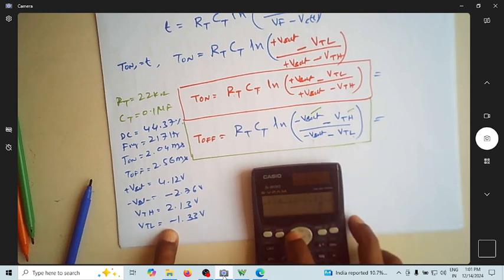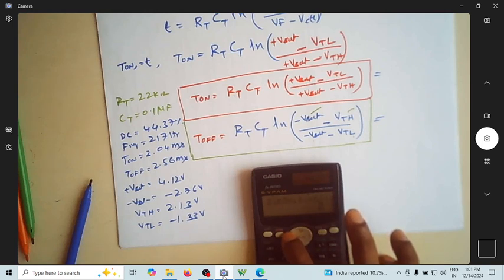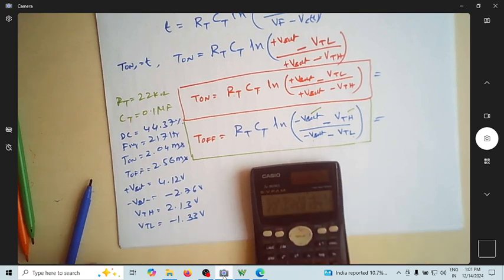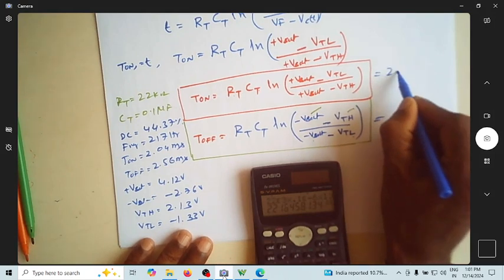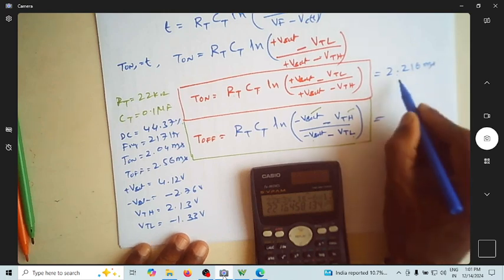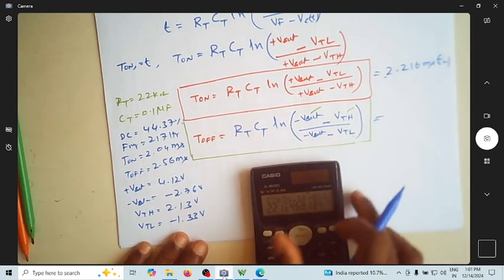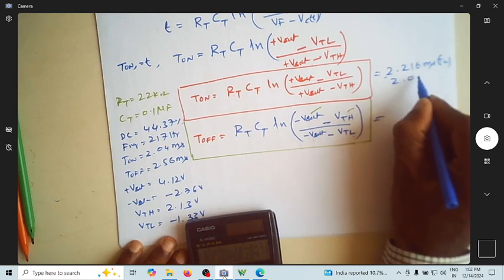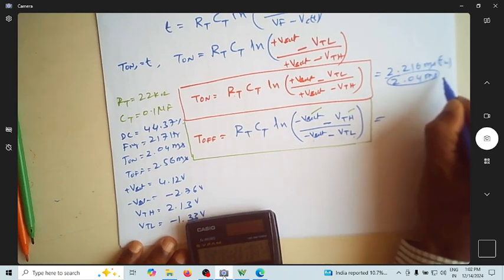Now I have entered all these values: 22K, 0.1 microfarad, ln of 4.12 plus 1.33 divided by 4.12 minus 2.13. Now you can see the value is 2.216 millisecond. This is my theoretical value. Practically I got 2.04 millisecond.